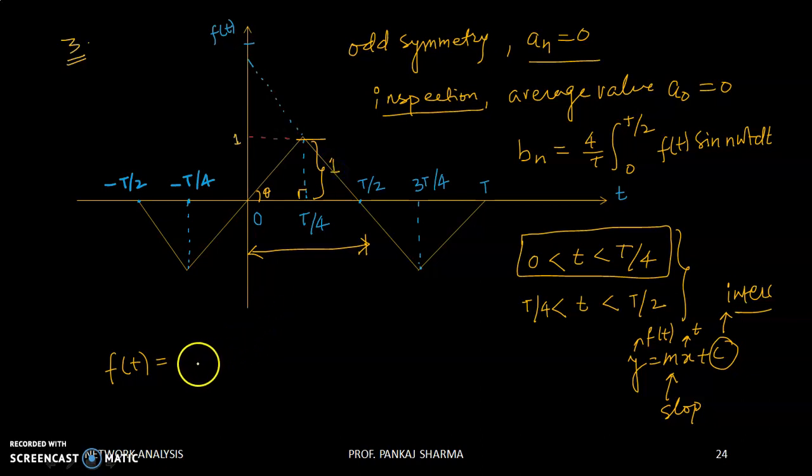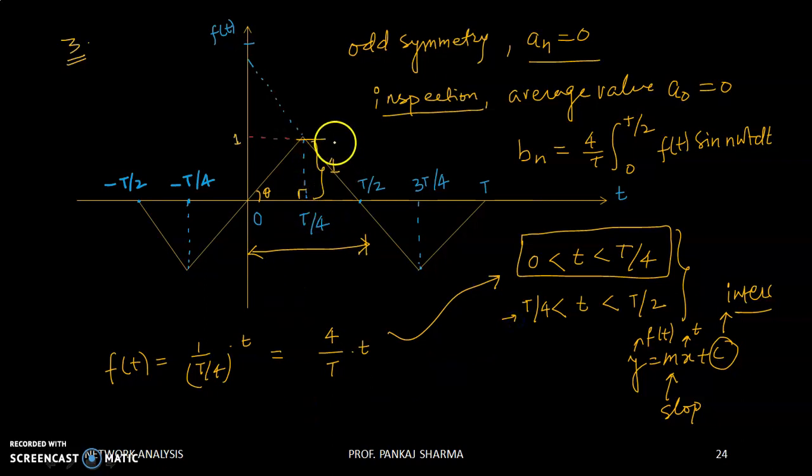So it will be 1 by the base, which is T by 4, into x. X is your t. So this can be written as 4 by capital T into small t.